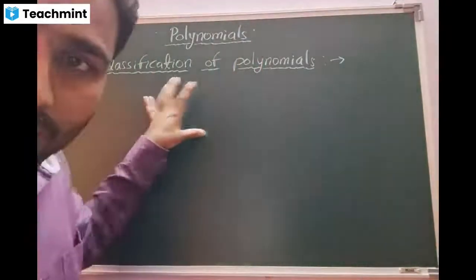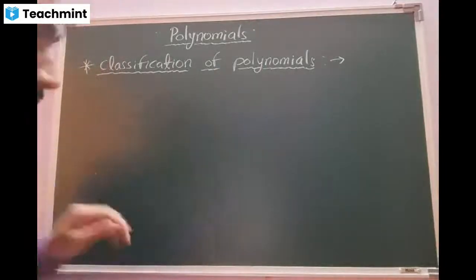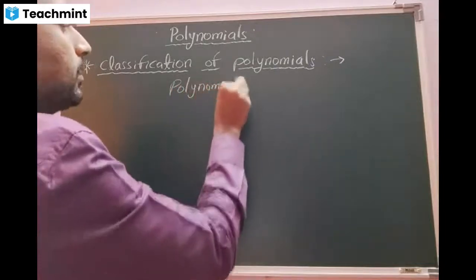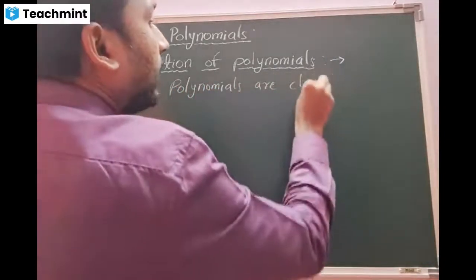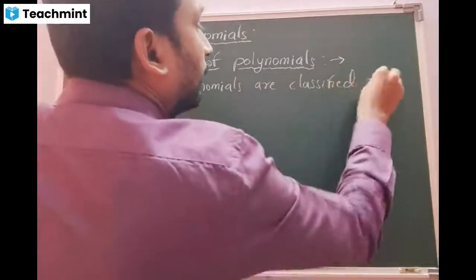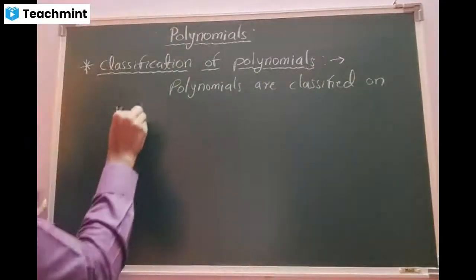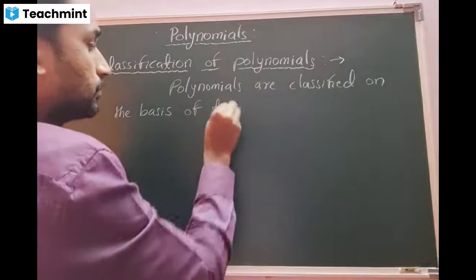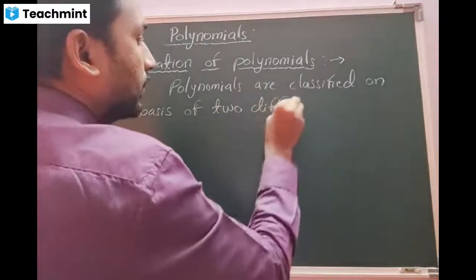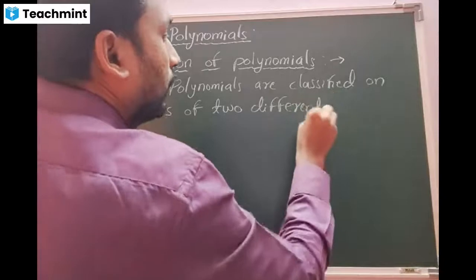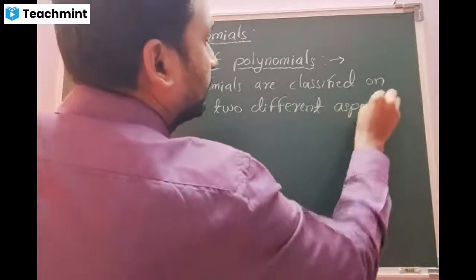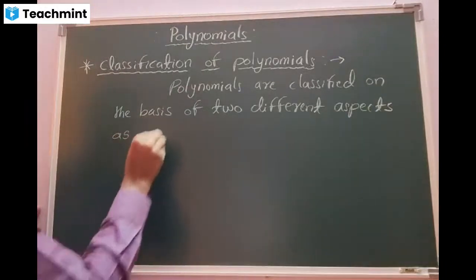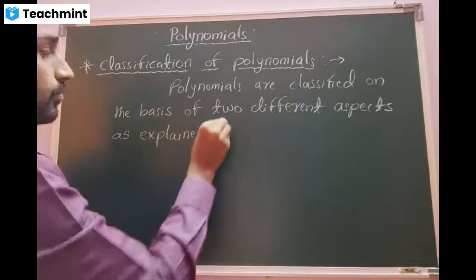First, write down, beta. Make a para. Take down one sentence. Polynomials are classified on the basis of two different aspects as explained below.